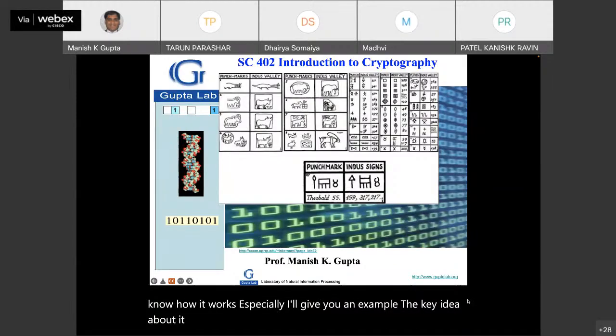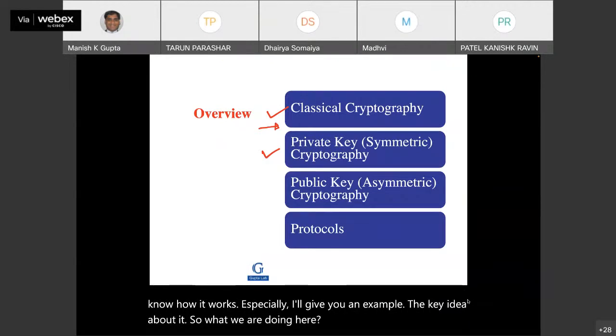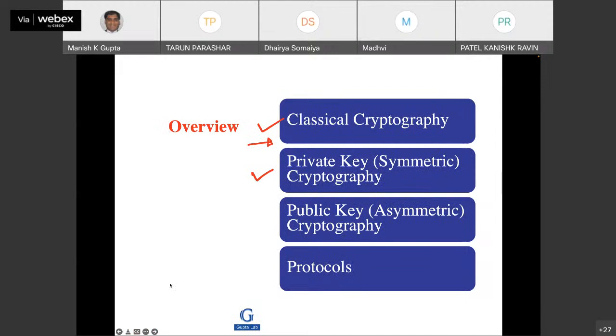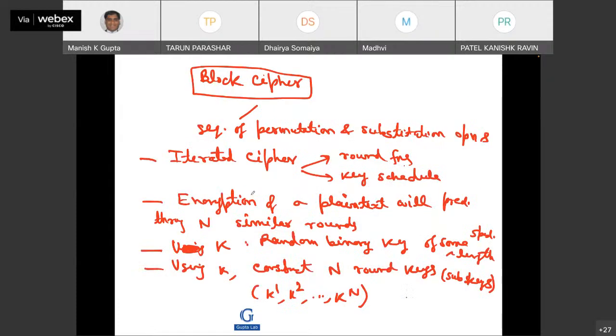So what we are doing here, we are still looking at private key cryptosystems, or symmetric cryptography. A block cipher is an iterated cipher, as I told you, and so it has certain round functions.